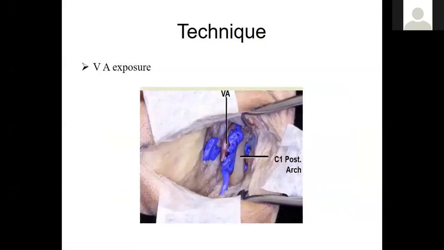So after the incision, we have the exposure of the important structures, the vertebral artery, which has to be exposed and protected, and the posterior arc of the atlas, the C1 vertebra, which too has to be exposed and protected.